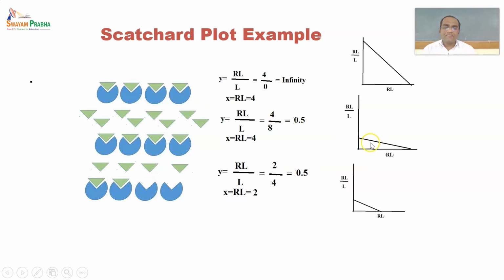But as the concentration of ligand increases, the slope will decrease. And when there is low potency, or low binding of a ligand at a receptor, though the concentration of ligand is higher, because it has low binding property, low affinity or low potency, the slope value will again decrease.